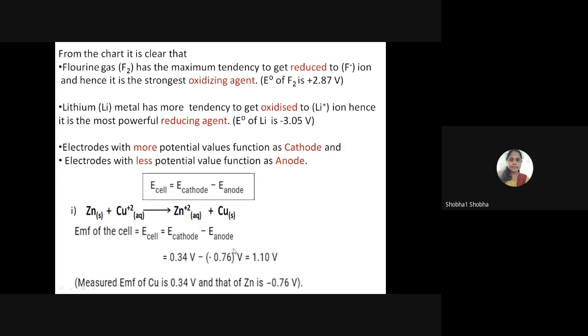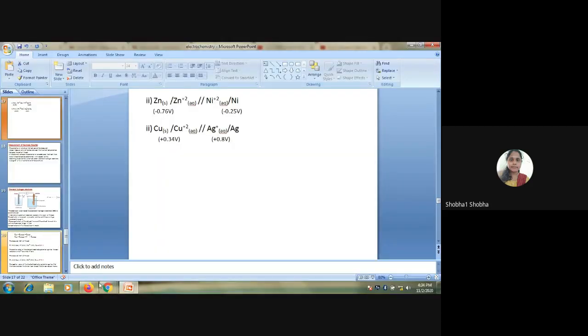If unfortunately you get a negative answer, the cell cannot work, right? We have to get positive values only. Whether it is possible or not to construct a cell, we can also calculate by writing the EMF of the cell. So you can do these examples and show whether the cell can be constructed or not.